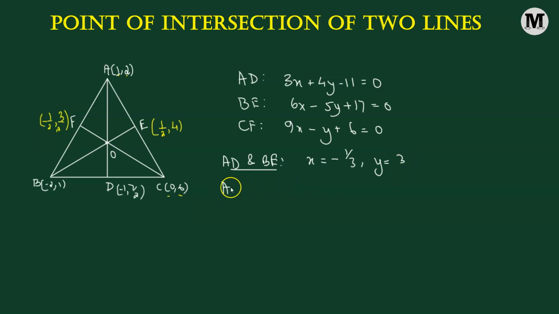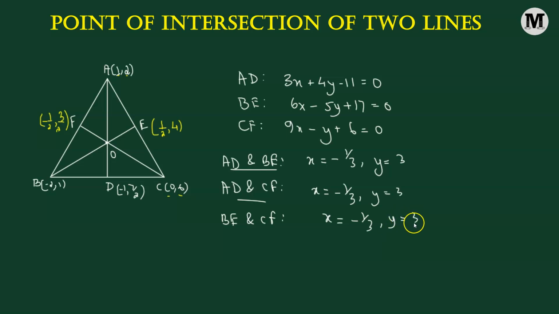Next, we take AD and CF and solve these two equations. That should give us x equals negative 1/3 and y equals 3. And then we take the medians BE and CF, and here also we will see that x comes out to be negative 1/3 and y equals 3.